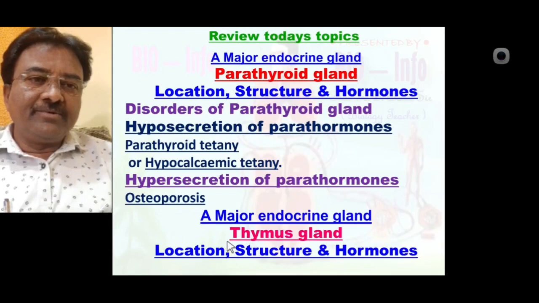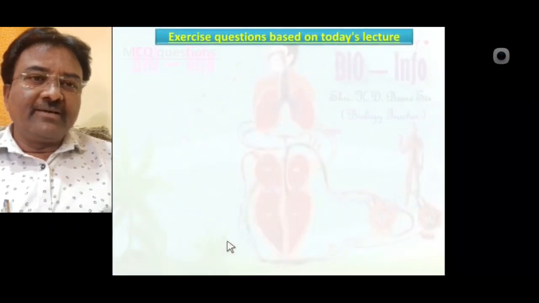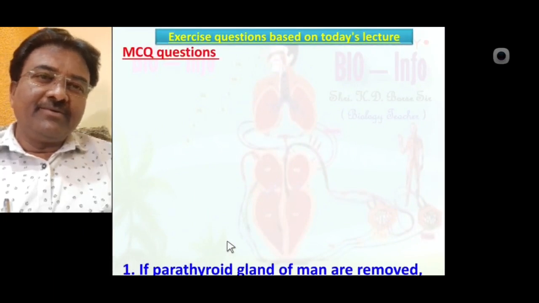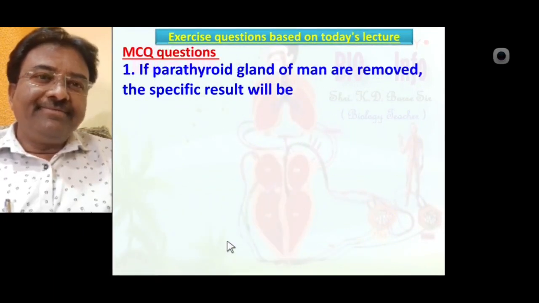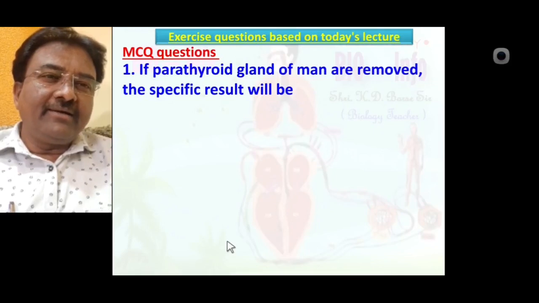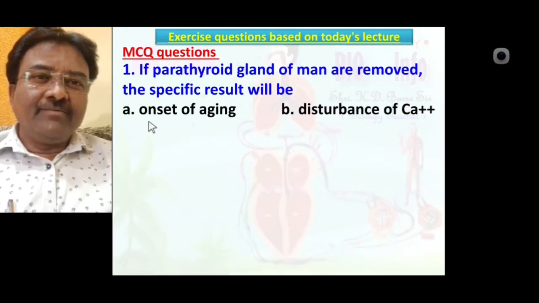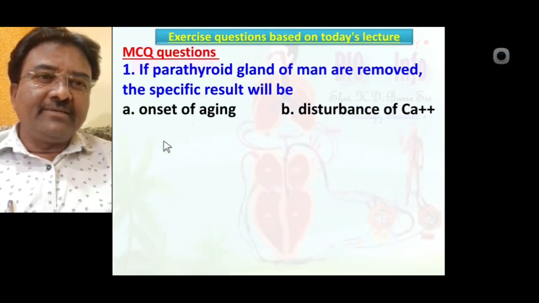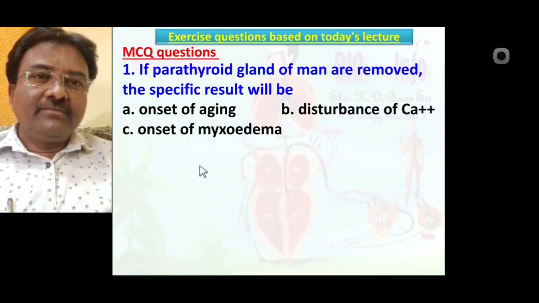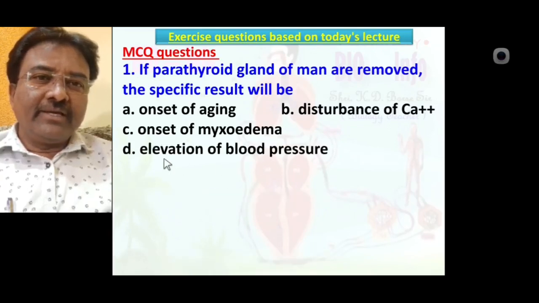On the basis of today's lecture, some exercise questions are noted here. Number 1, MCQ. If the parathyroid glands of a man are removed, the specific result will be: onset of aging, disturbance of calcium, onset of myxoedema, or elevation of blood pressure.